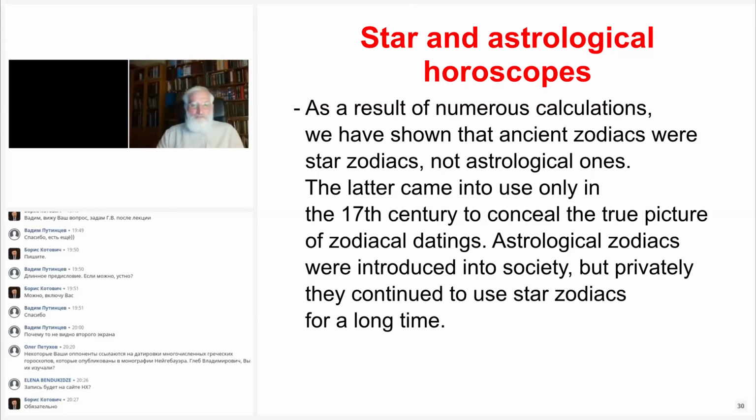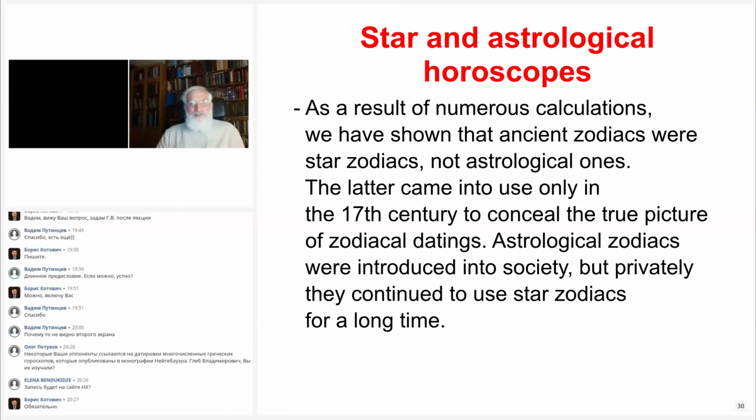Not like in star zodiacs, where they are just sets of stars that are fixed in place on the sphere of fixed stars. They made the reference point variable, making it the point of the vernal equinox, which itself moves quite rapidly. So, they ended up with the clock face starting to rotate.